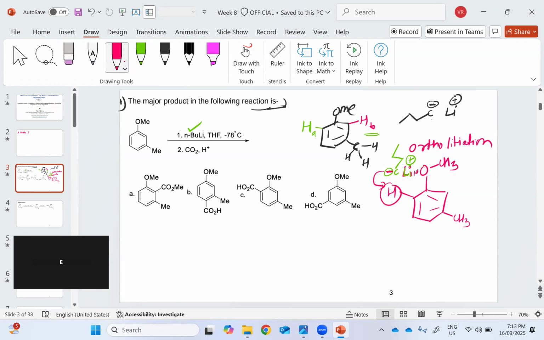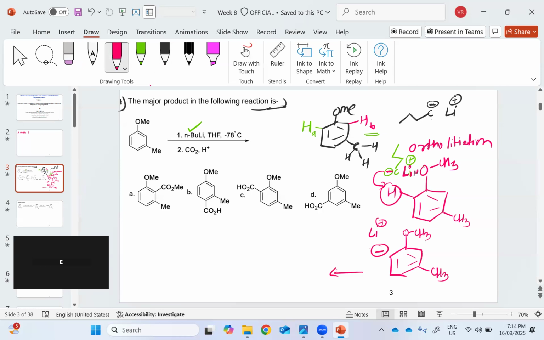So this proton is getting abstracted. Once this proton is abstracted here, it forms a negative charge, which is then stabilized by the lithium positive, right?